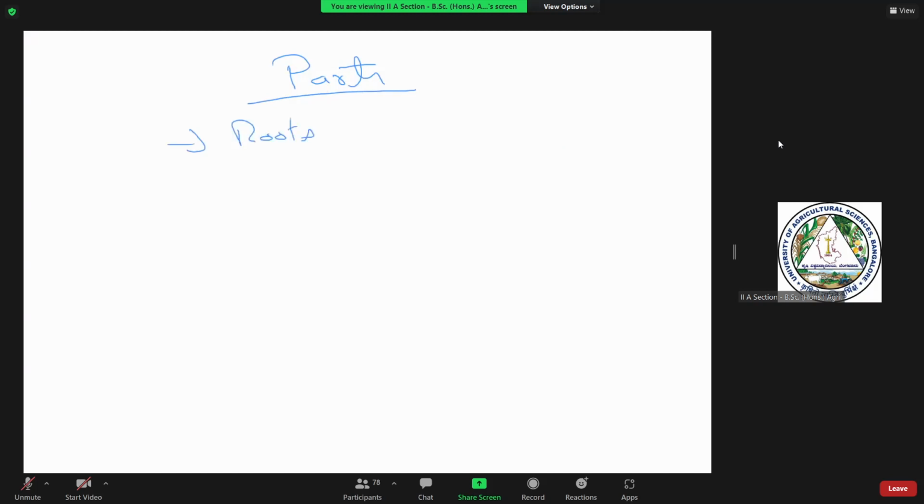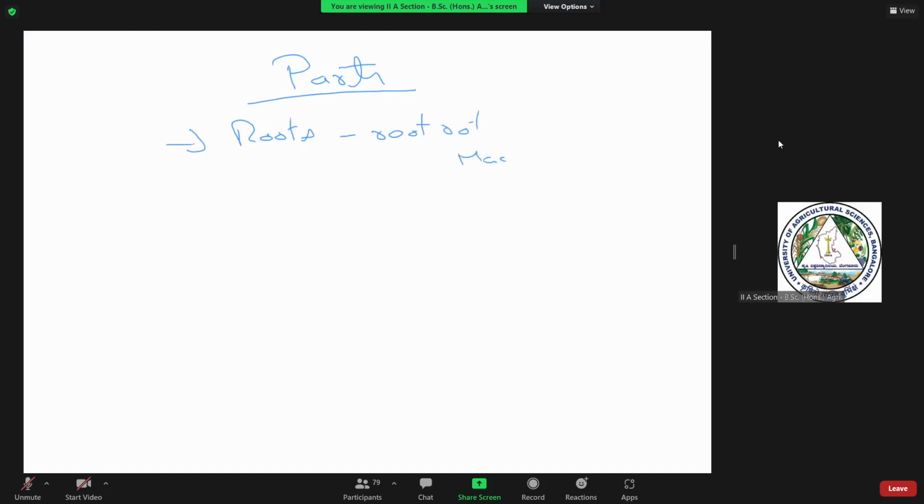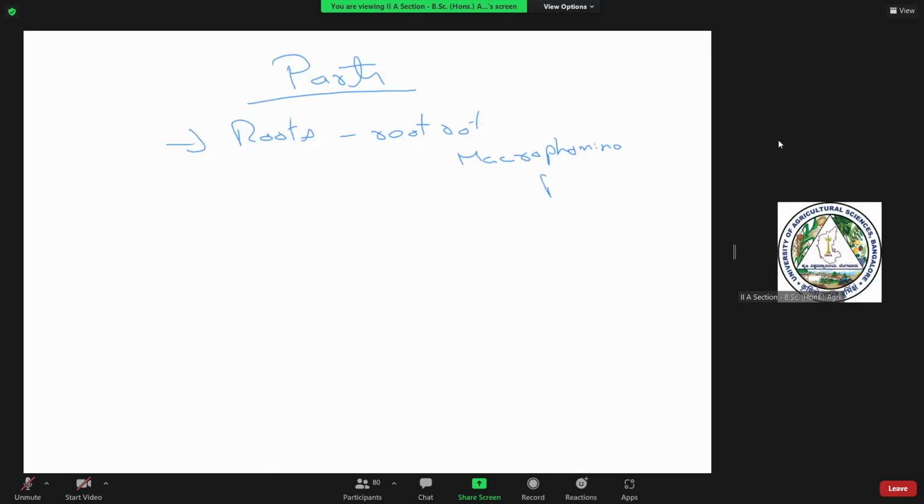Some diseases cause symptoms on the roots in some plant species, like the root rot disease, which is caused by Macrophomina phaseolina, a very common pathogen known to cause root rots in many of the cereals as well as in vegetable crops.